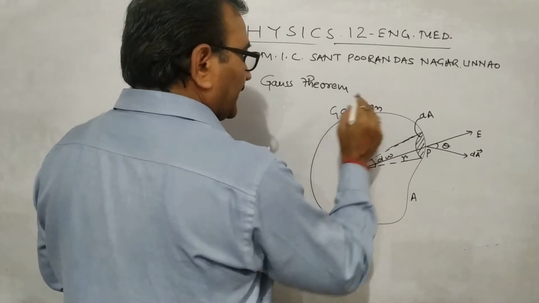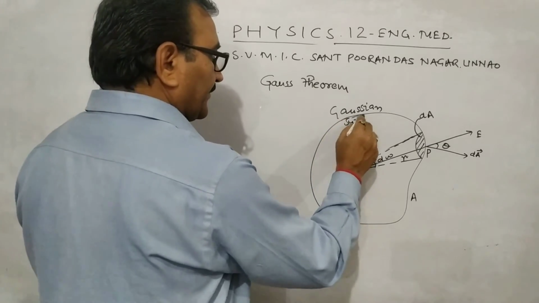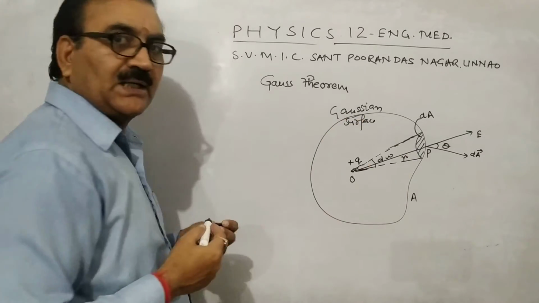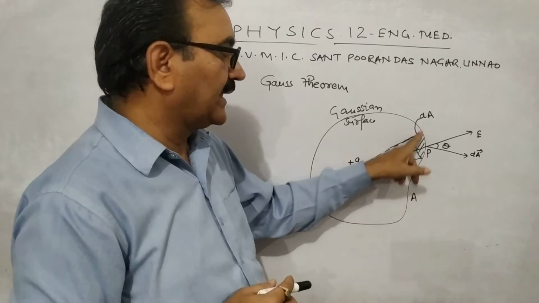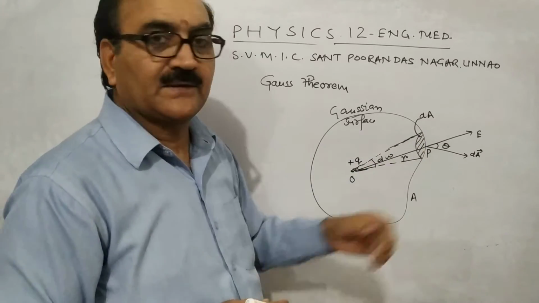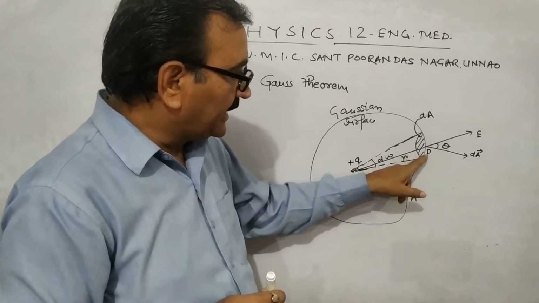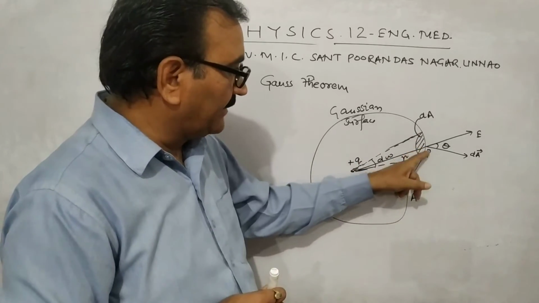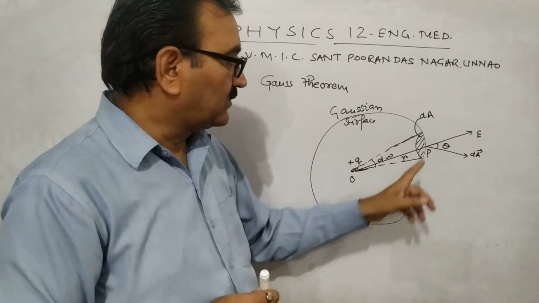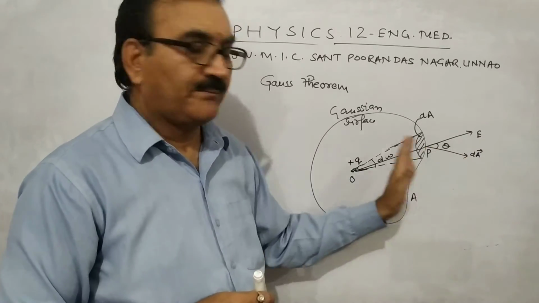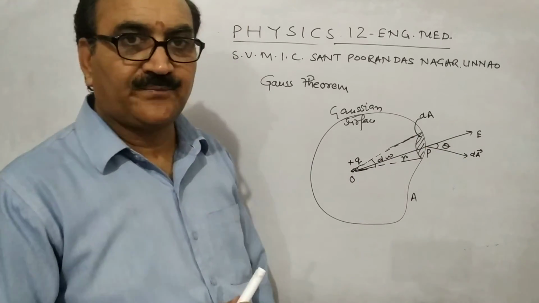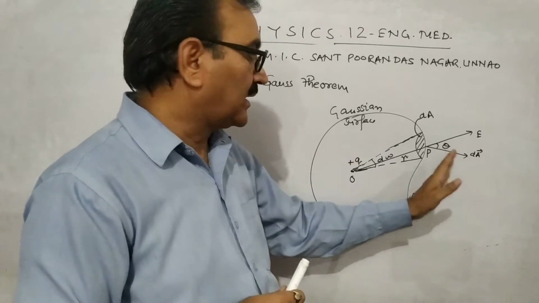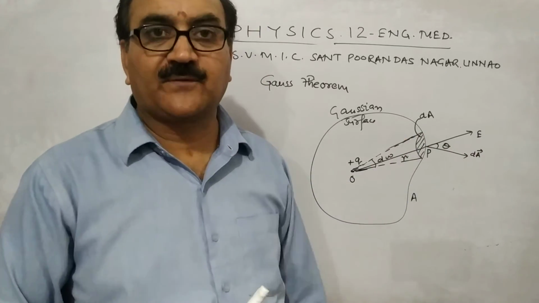This is the Gaussian surface which surrounds this charge, and this is your area element taken at the surface. We take an area element around P. Now draw an area vector perpendicular to outside it. This is your area vector drawn perpendicular to this surface.